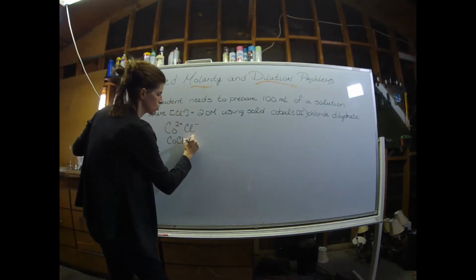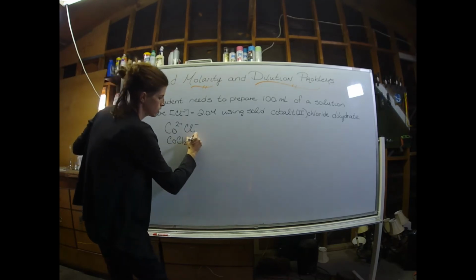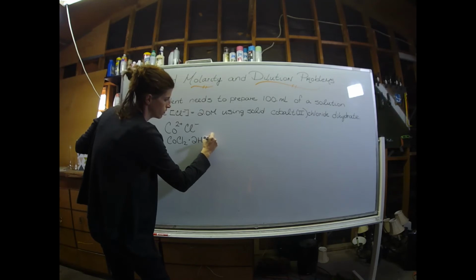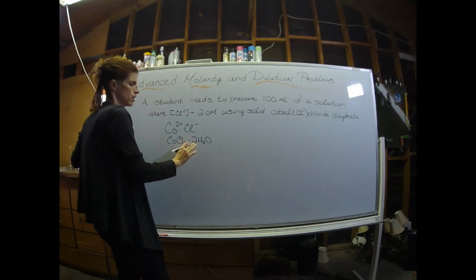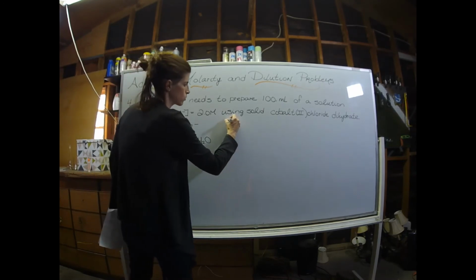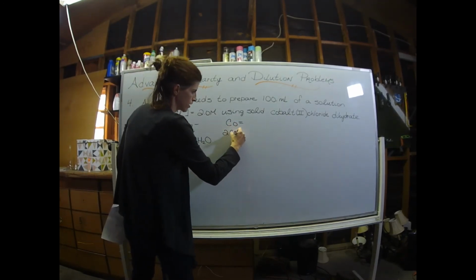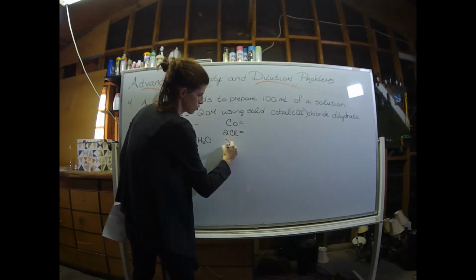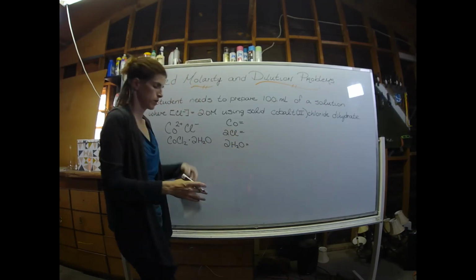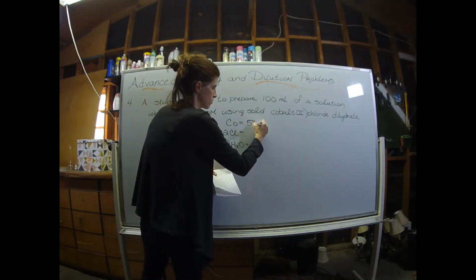Dihydrate, so I know that this part of the compound has 2 molar equivalents of water. So I'm going to put a dot, 2H2O. In terms of the molar mass, we have 1 cobalt, 2 chlorides, and 2 water molecules. And I'll just use a periodic table to look up all those values.